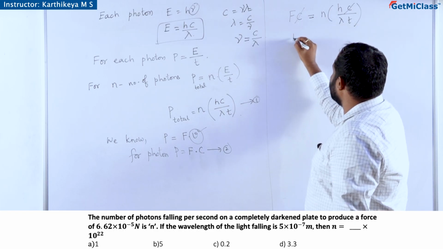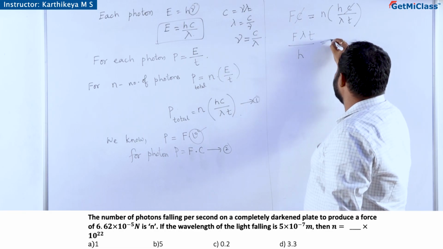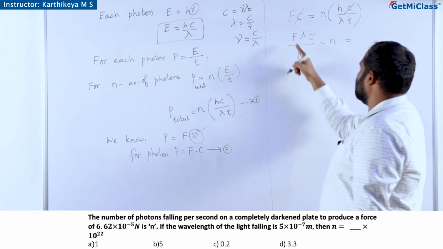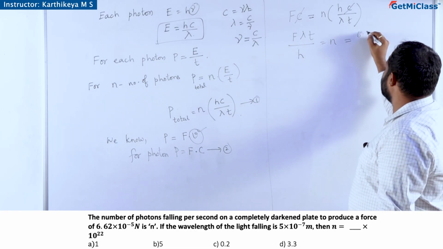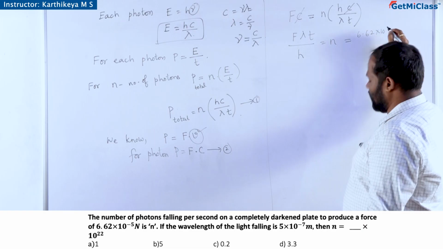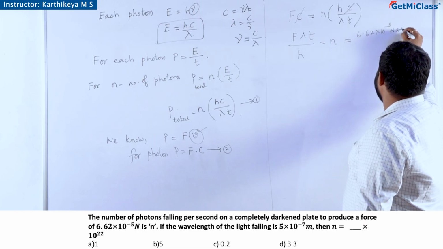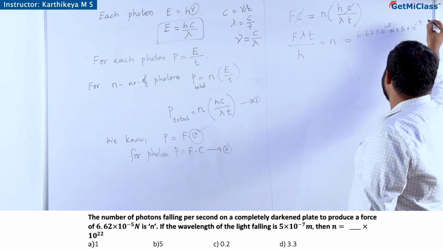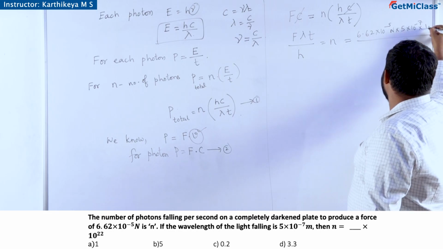So, that is F lambda t by h is n, which is equal to, if I substitute the values, F given as 6.62 × 10^-5 Newton, this is what they have given. Lambda is 5 × 10^-7. Time is of course 1 second.